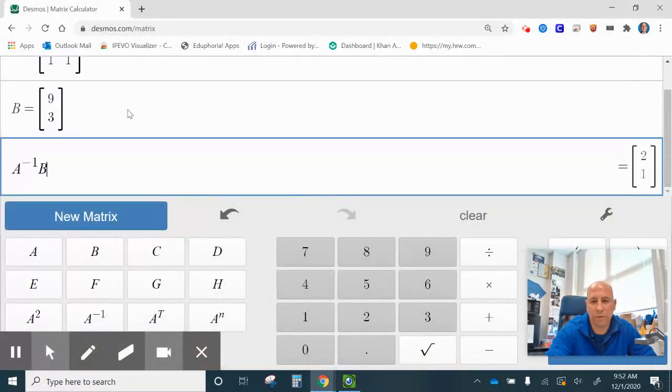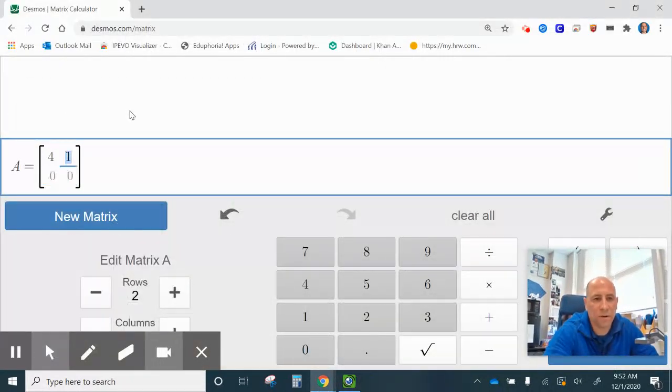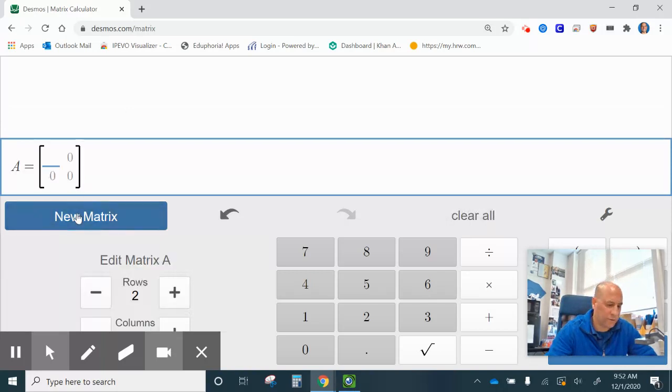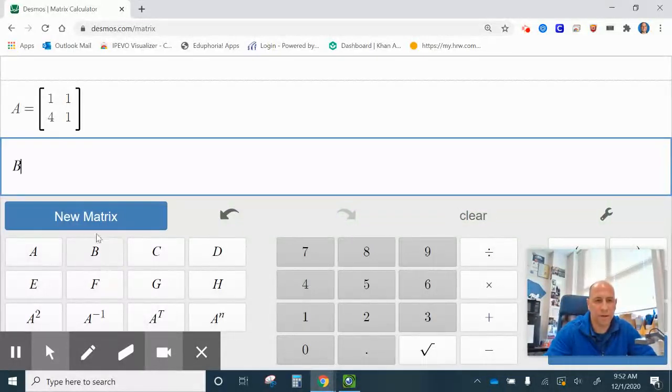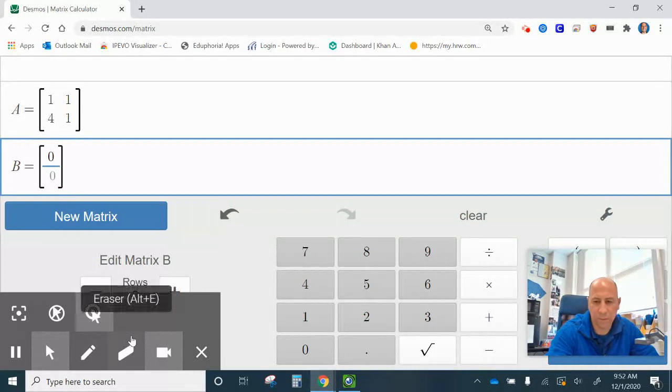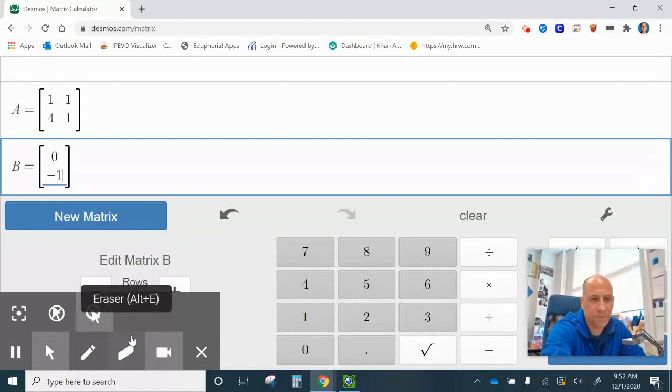So we're going to go to Desmos. Let's just delete. It's just safer to delete everything and start over. So A, new matrix, that's 1, 1, 4, 1, enter, and then B, new matrix, and that's a 2 by 1, which is 0, negative 15.